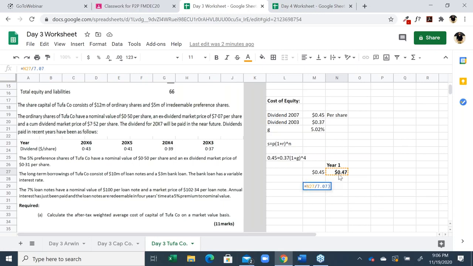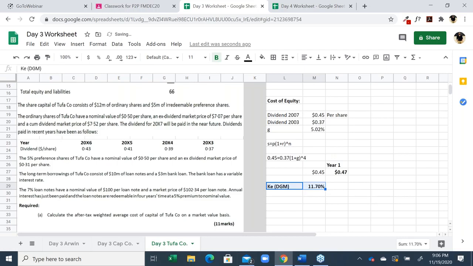So your usual return, if there is no growth, will be 0.47. But since there is growth as well, you should add the growth factor here, and it should be 5.02. And the cost of equity will be 11.7% using the dividend growth model.